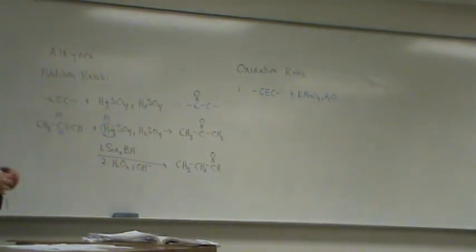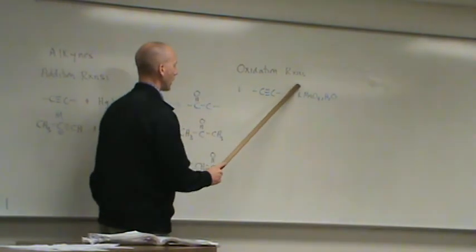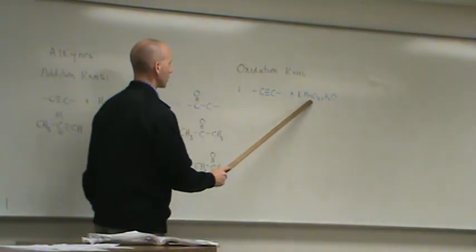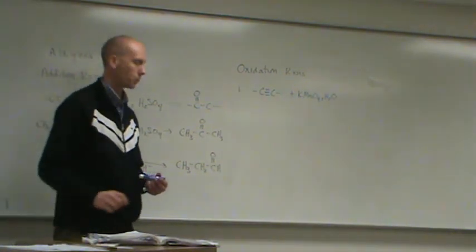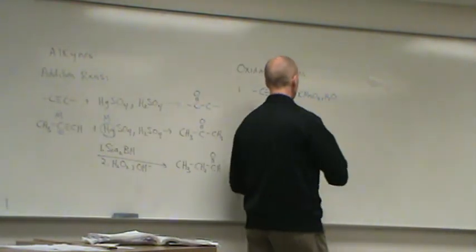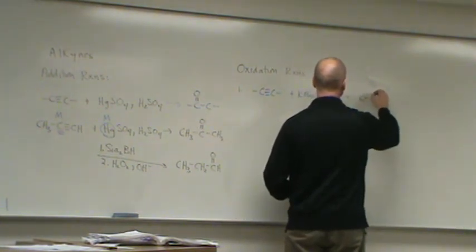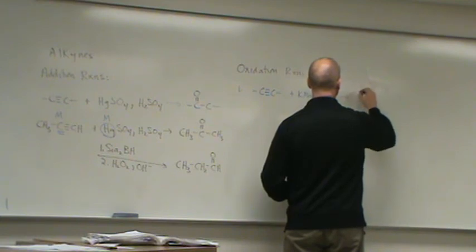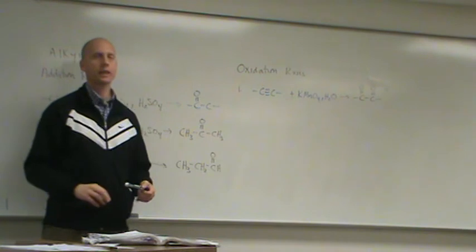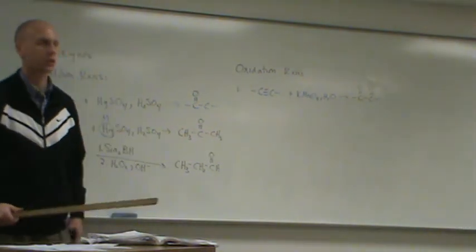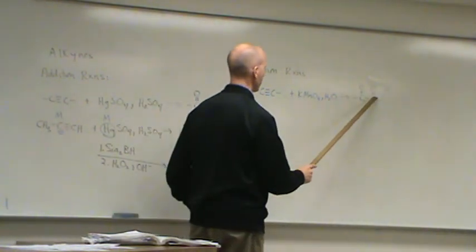Okay. Remember, potassium permanganate is a strong oxidizer. It's going to oxidize these two carbons to carbonyls. Okay. So you see how that's an oxidation reaction, because now I've added two oxygens and two double bonds.